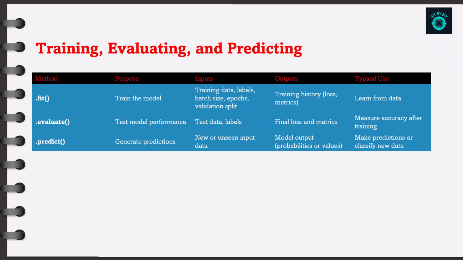It outputs values such as probabilities for each class in a classification task or continuous predictions for regression. This is the step where your model becomes useful in the real world, classifying images, predicting prices, or analyzing texts. In summary, fit teaches the model, evaluate tests the model, and predict uses the model. Together, they make up the full workflow of deep learning with Keras.